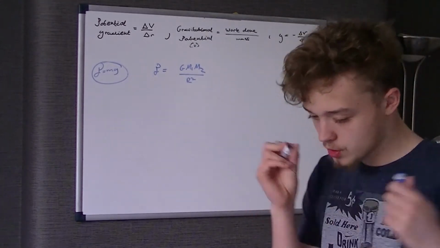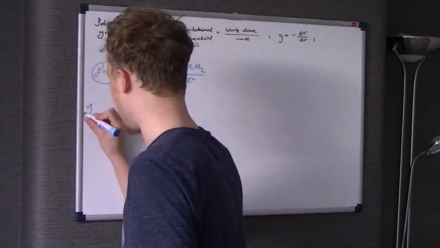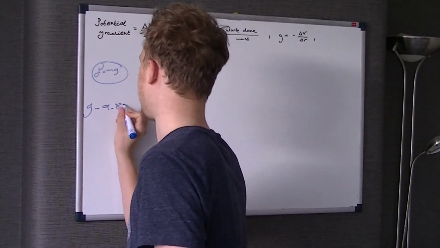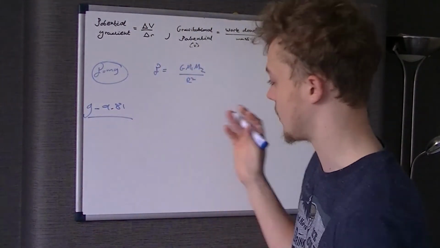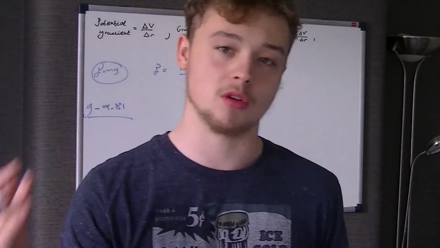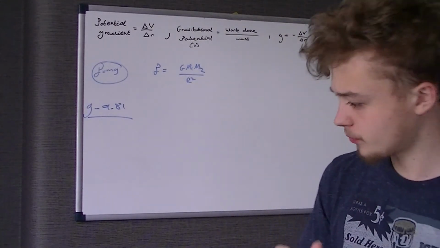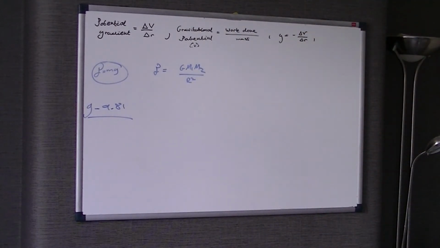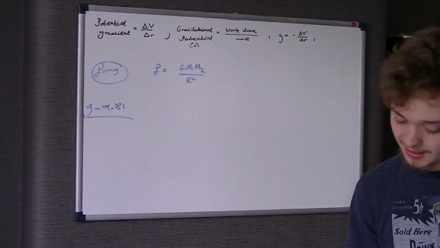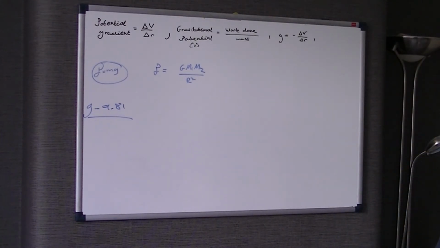Now, obviously I want to work out the gravitational field strength of Earth, because I was saying I'm going to prove to you in this video that g is equal to 9.81. It's not going to come out directly to be that, partly because there are some errors in the calculation of it anyway, and I'm going to be increasing that error by rounding the numbers.